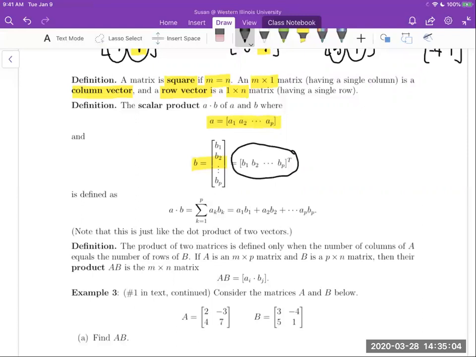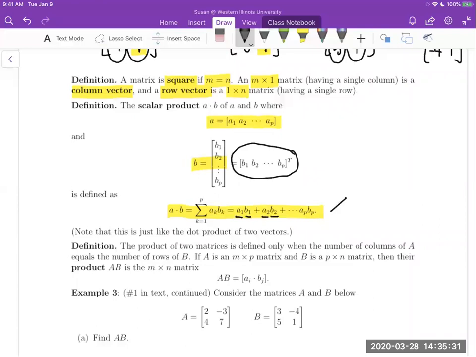If you want to take the scalar product of the vectors A and B, where A is a row matrix and B is a column matrix, it's defined right down here below. You'll notice what we're doing is taking the product of the first entry in A and the first entry in B, and then adding it to the product of the second entry in A with the second entry in B, and so on and so forth.